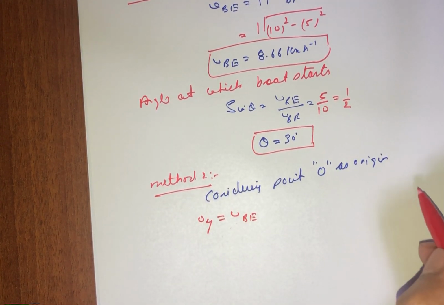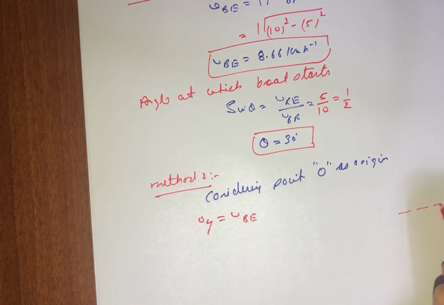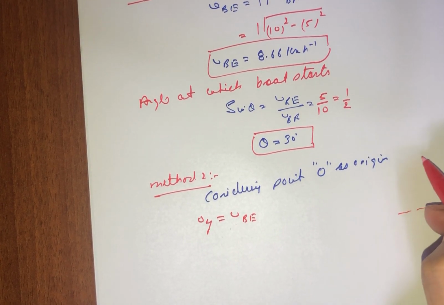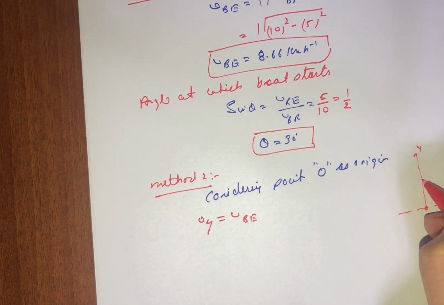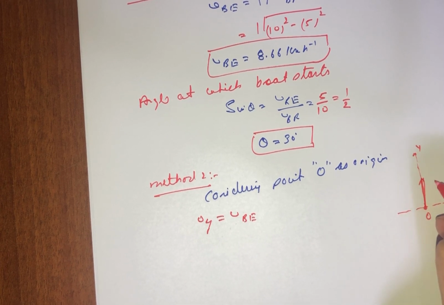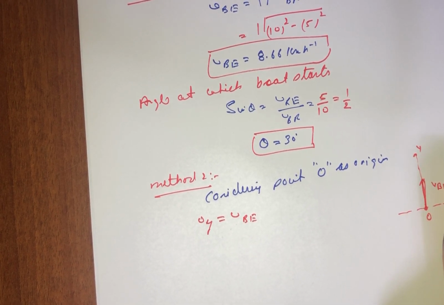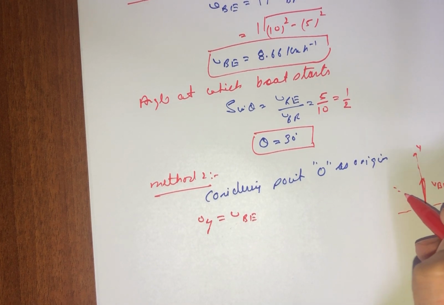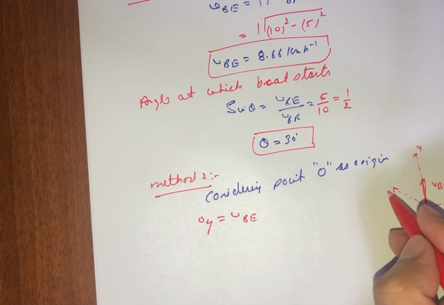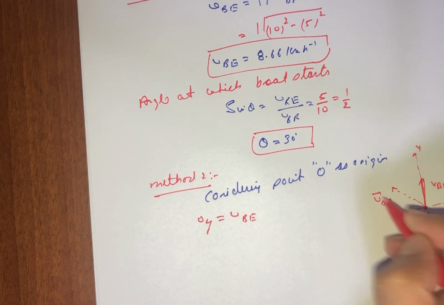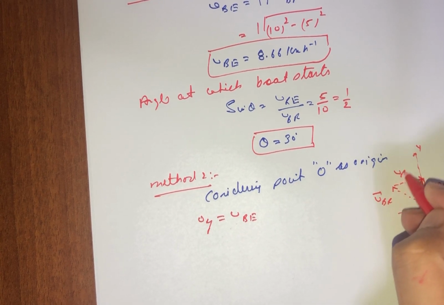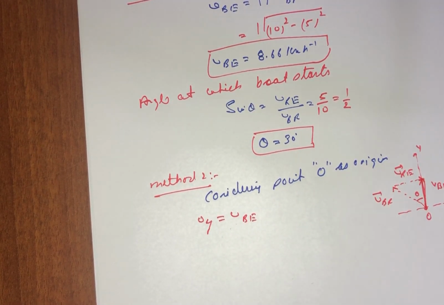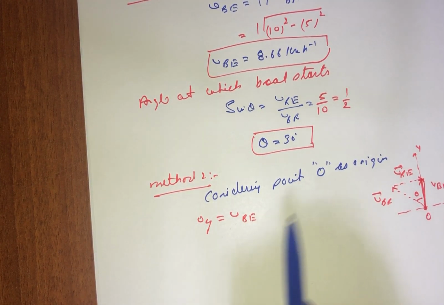If we draw the coordinate system, this will be our x direction, and this our y direction, and this is point O. VBE is in y direction, and we have a velocity VBR at an angle of theta, and we have the river velocity VRE in this direction. So Vy is equal to VBE.